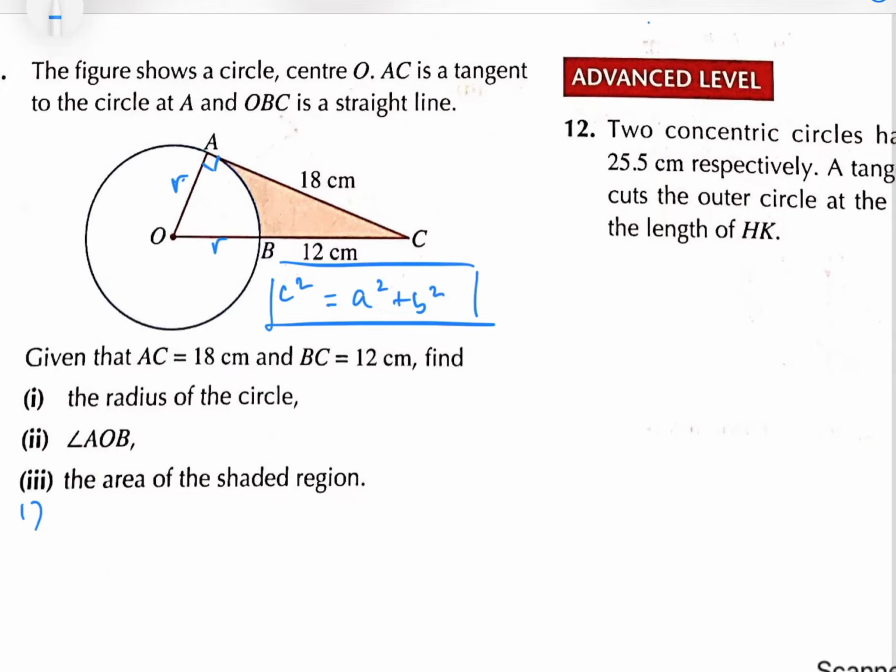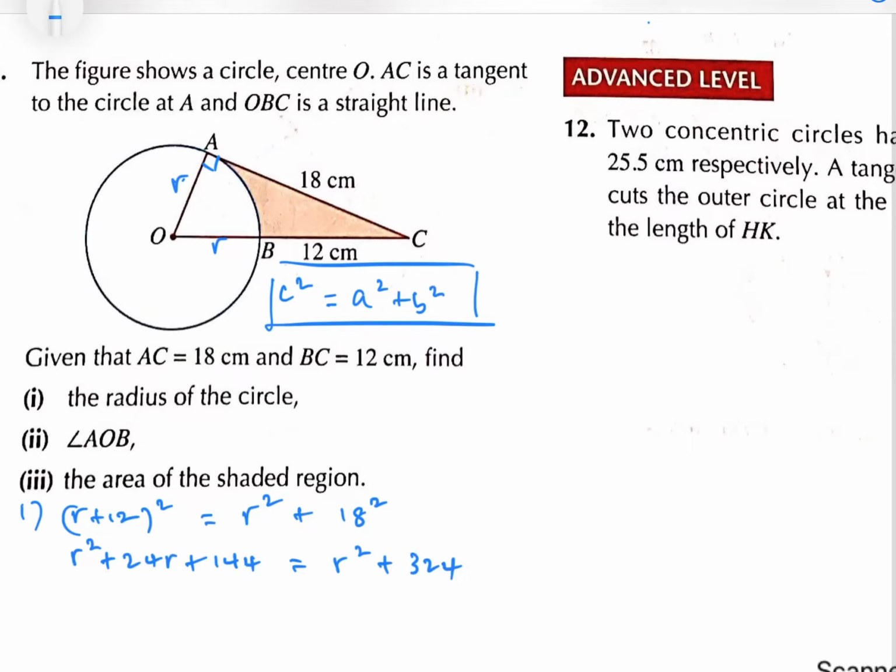Our hypotenuse is OC, so R plus 12 squared is equal to R squared plus 18 squared. Expanding R plus 12 squared, this is R squared plus 24R plus 144, which is equal to R squared plus 324.